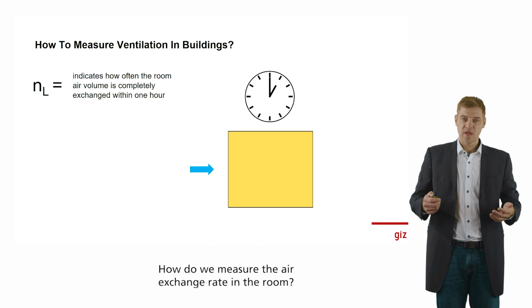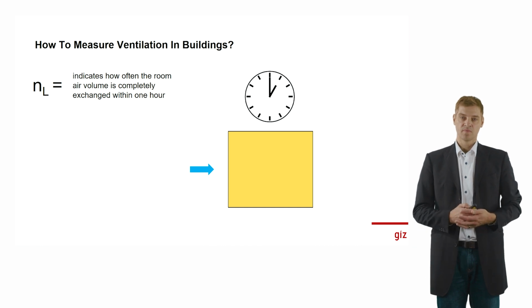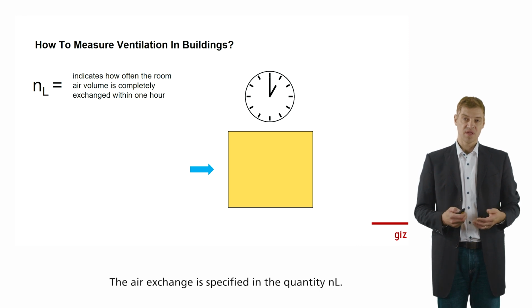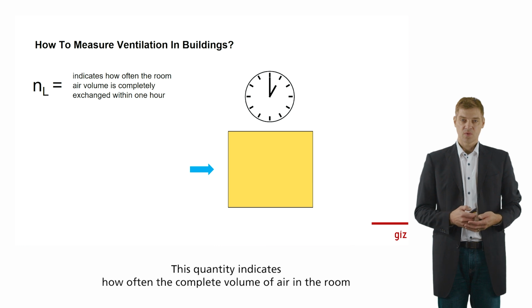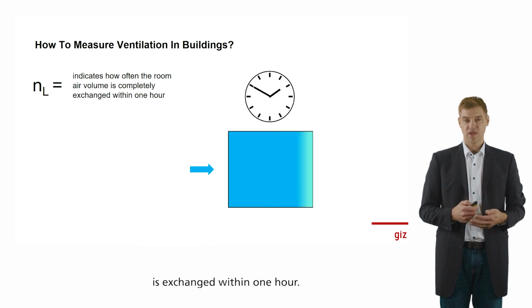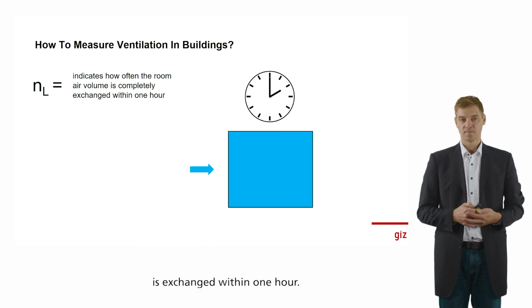How do we measure the air exchange rate in the room? The air exchange is specified in the quantity n_L. This quantity indicates how often the complete air volume in the room is exchanged within 1 hour.